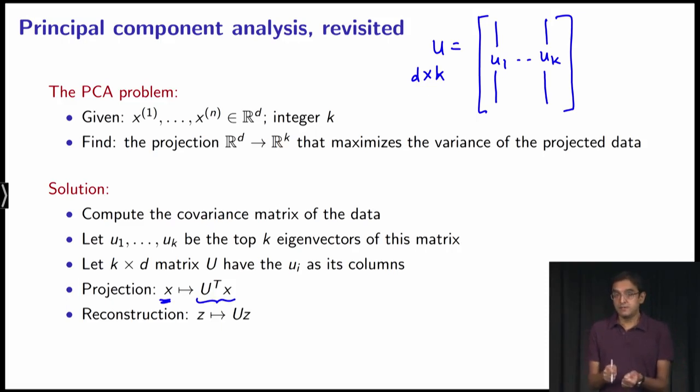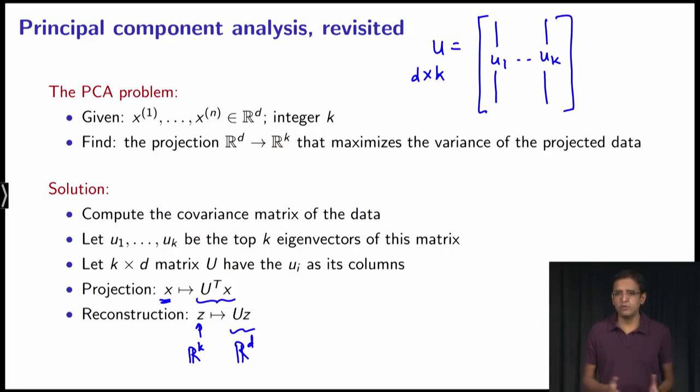Now, if we have a vector in the projected space and we want to map it back to the original space, that's easy as well. That reconstruction is done by sending a vector z in R^k to Uz, which lies in R^d. Okay, so that's PCA in a nutshell.